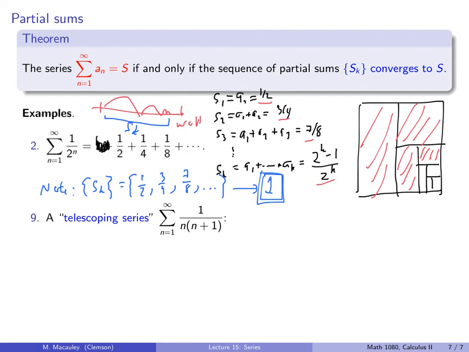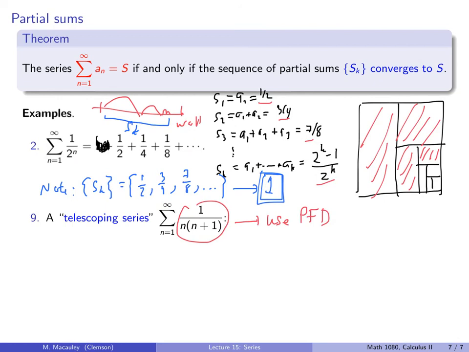Okay, one more example is telescoping. This is a series that's called telescoping, and it should not be clear why I called it that, but if you take this fraction right here and do partial fraction decomposition, you didn't think that would come back so soon, did you?